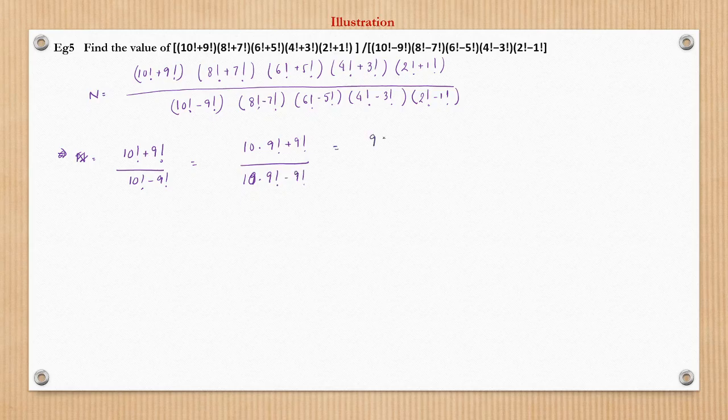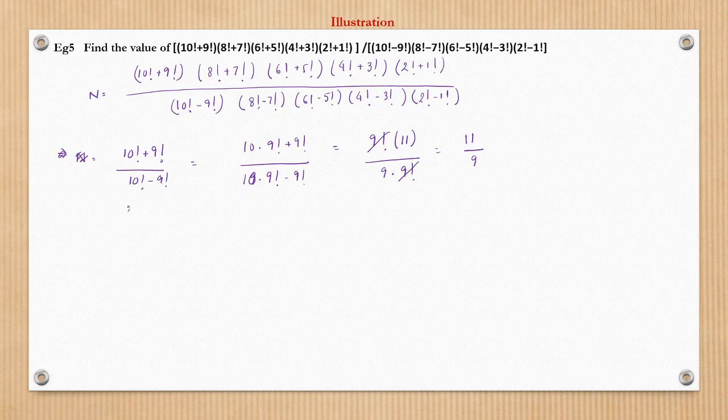Here we take 9 factorial common. The numerator becomes 10 plus 1, which is 11, and the denominator is 10 minus 1, which is 9. So 9 factorial gets cancelled out. It becomes 11 by 9, right?